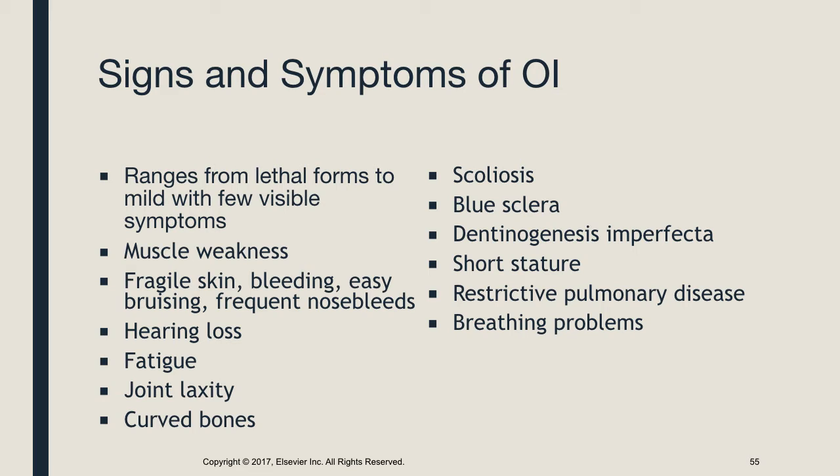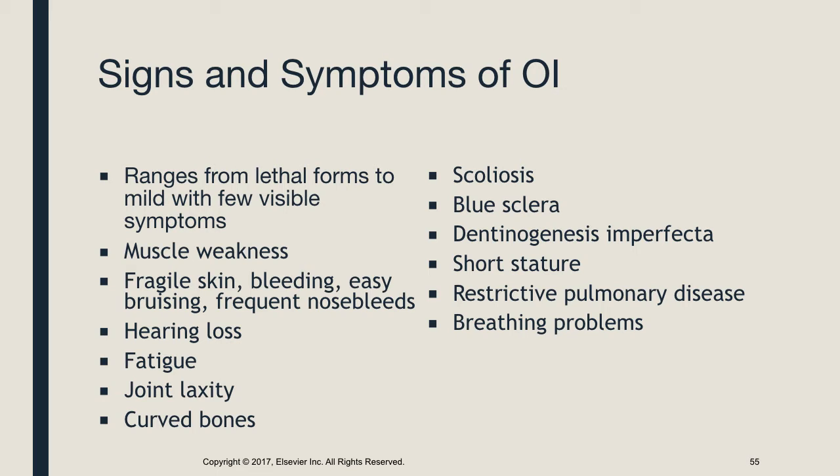They often get something known as dentinogenesis imperfecta, which basically means their teeth are not forming correctly either. They often have very short stature because of their rib size and the fact that they have frequent broken bones. They often have a restrictive type of pulmonary disease and breathing difficulties.